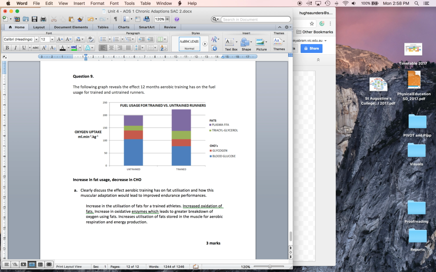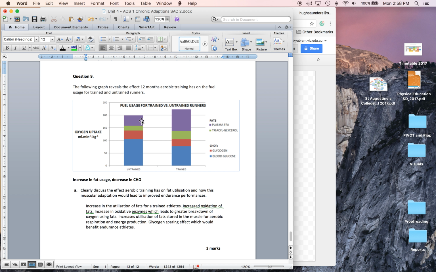It also, on top of that, has a glycogen sparing effect, which would benefit endurance athletes. So the 3 parts probably to that for your marks: the first part is really just clearly discussing the effect aerobic training has on fat utilisation.